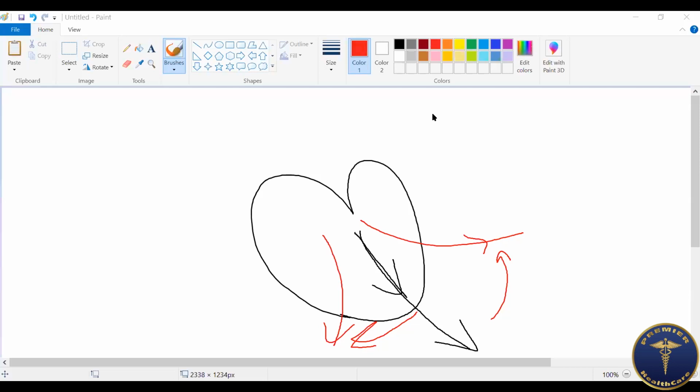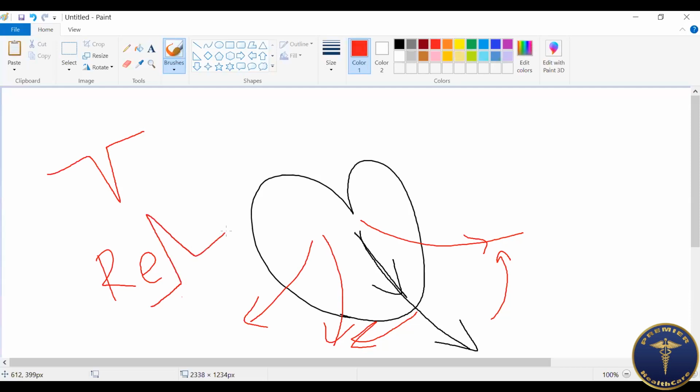In right axis deviation there is a reaching pattern. What happens in reaching? One will come down, the other will come up, isn't it? So that is reaching. They are going to reach.